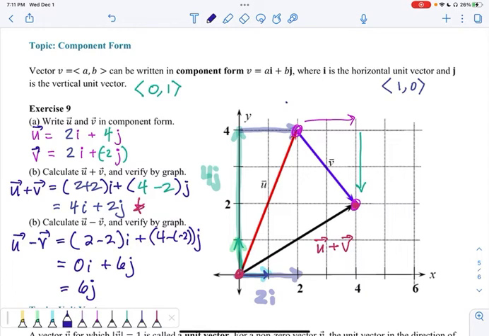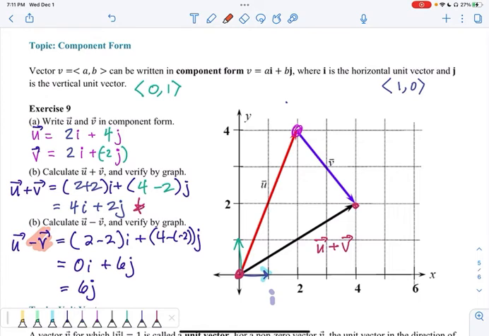Let's clear off some space here and look at u minus v. Well, what would u minus v look like? We already have u right there, so that's good. And then if I want to subtract v, right now I have regular v and I want negative v.